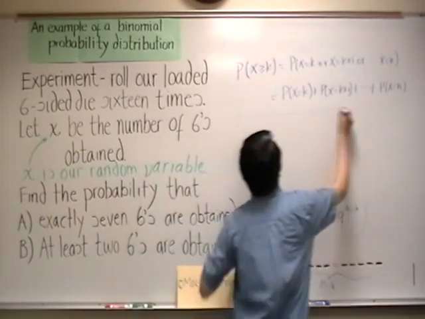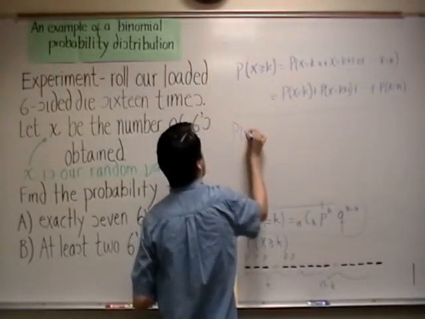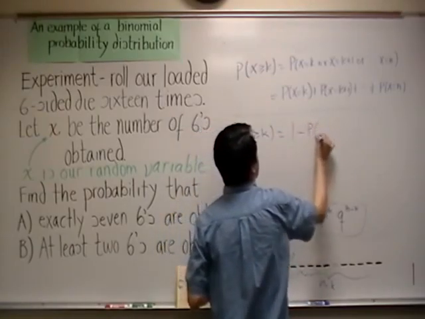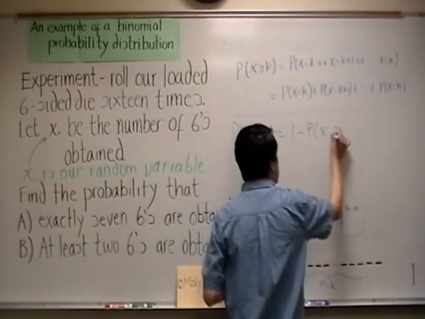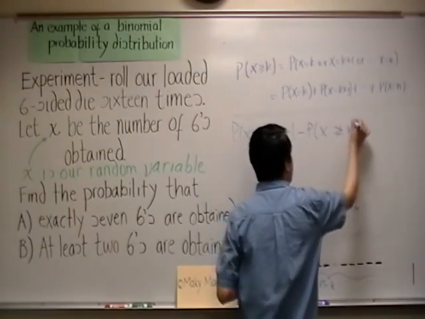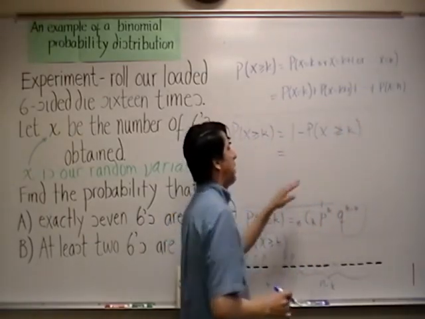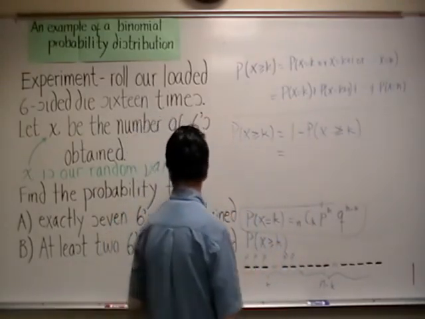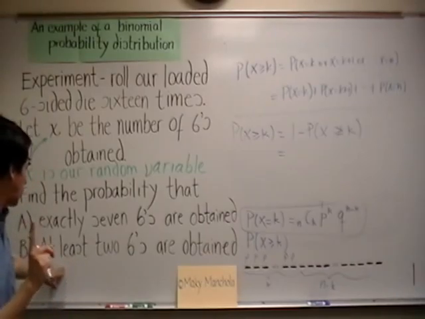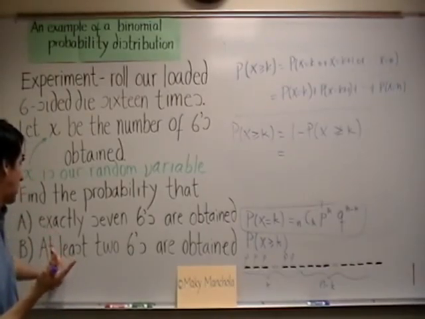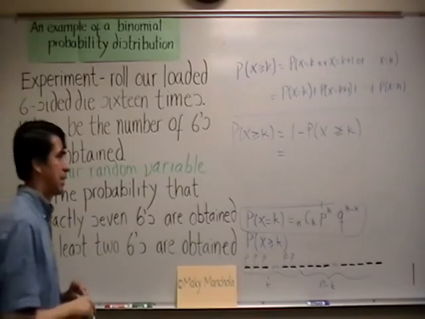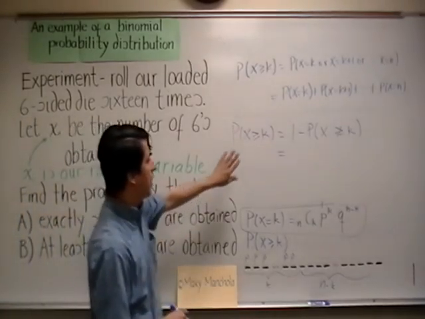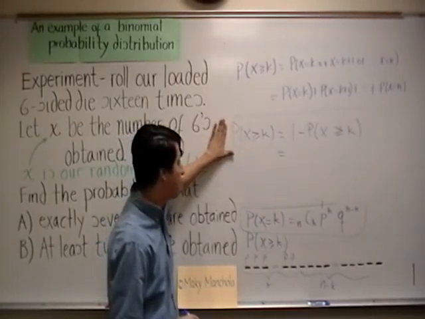So another way of expressing the probability x greater than or equal to k is by saying, well, that's the same as 1 minus the probability that x is not greater or equal to k. Now, when we did our example, we ended up concluding that then that means that x is less than k. In our example here, you want at least 2 sixes, so the complement of that is either 0 or 1 sixes. And in this example that we did here, it actually was better to solve the problem this way.